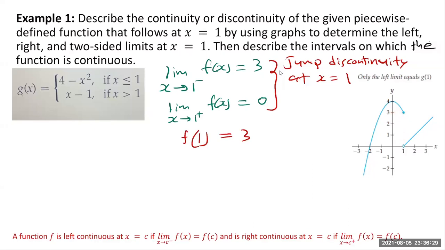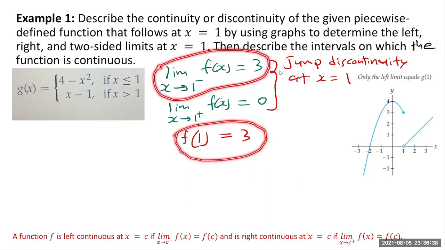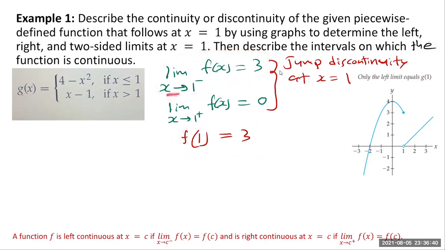Now, as you can see, your function value at x equal to 1 is the same as your left limit at x equal to 1. The limit as x approaches 1 from the left-hand side of f of x is 3. Your function value at x equal to 1 is also 3. So what can you say about the left continuity?